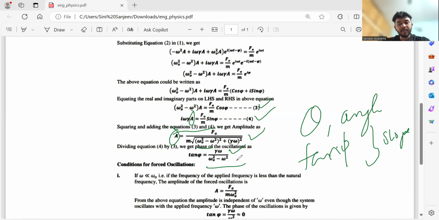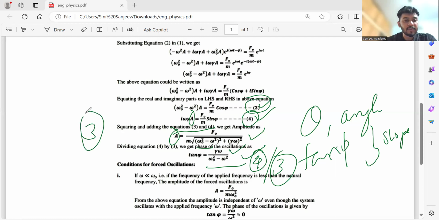How am I getting this tan phi? Just divide equation 4 by equation 3. I'll be getting tan phi. And for amplitude, it is squaring and adding: equation 3 square plus equation 4 square, you'll get amplitude.